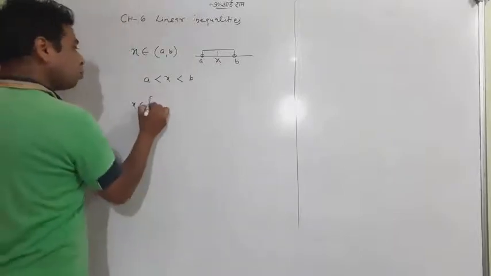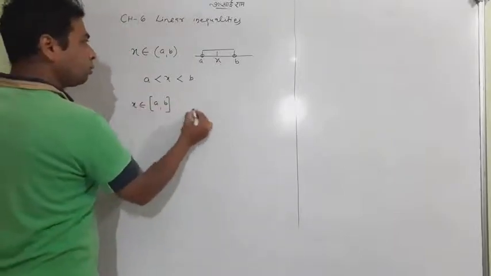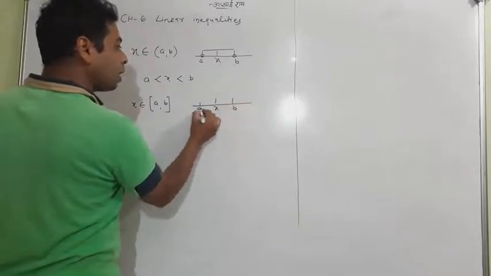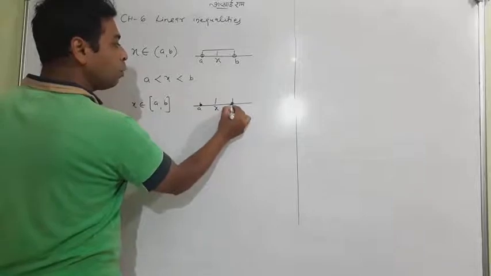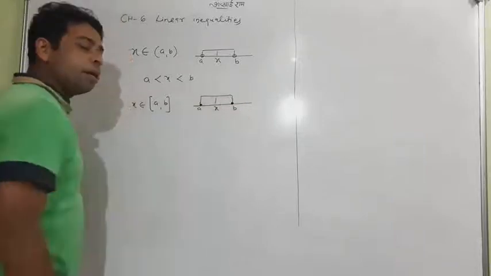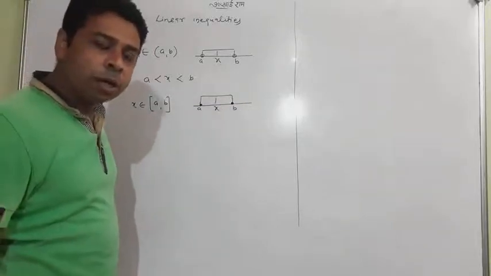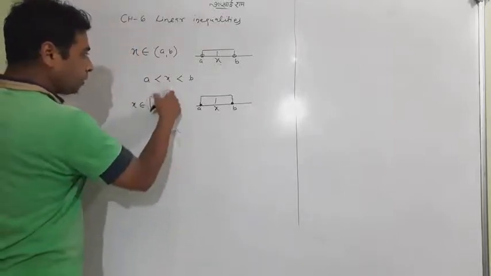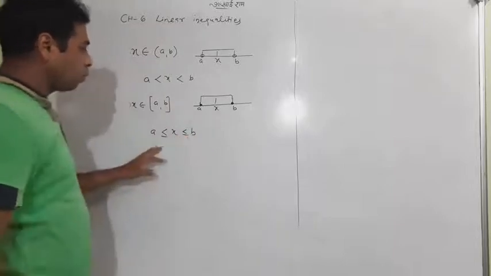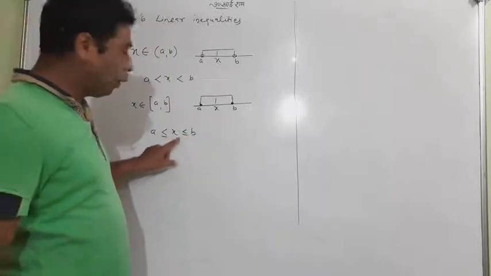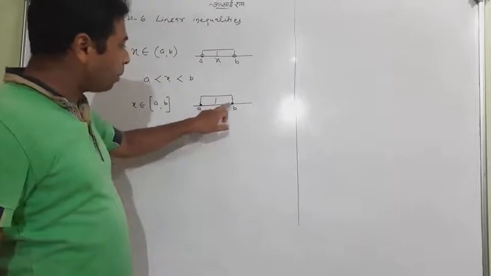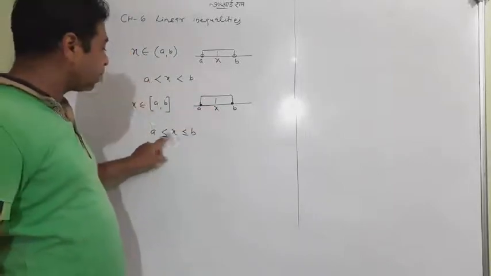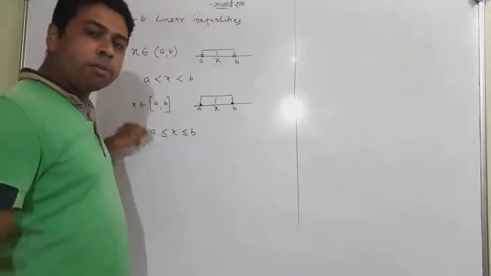Now x belongs to [a, b]. This is called a closed interval, meaning that x lies between a and b, but this time x may be equal to a, x may be equal to b, and x may attain any value between a and b. In this case, I can write a less than or equal to x less than or equal to b. Whenever this dark bubble or closed interval is written, it means x can be equal to a, x can be equal to b, or x may be between them.